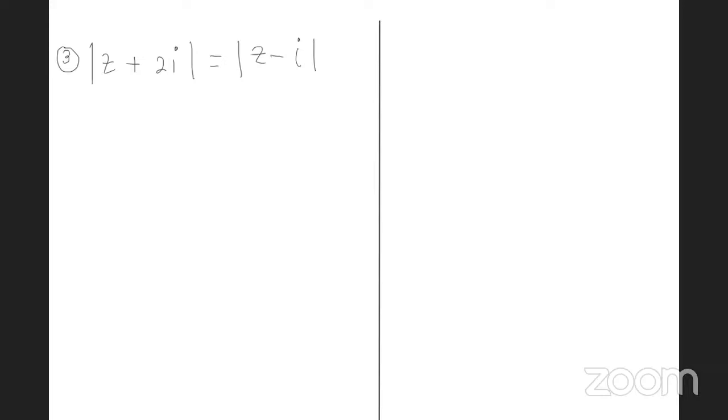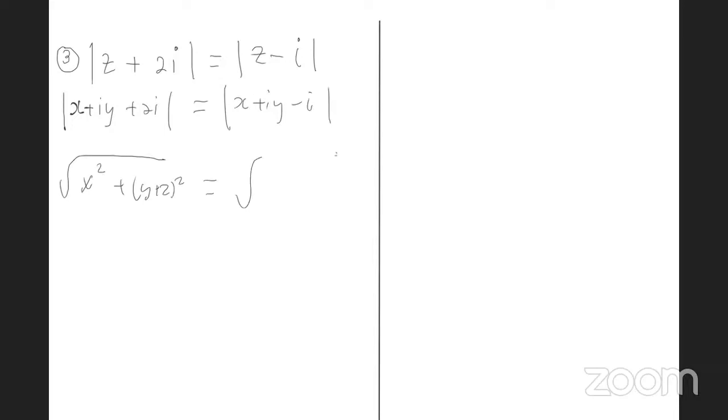Right, of course, you'll recognize here that it's only 0 and 2 you have there, right? For this part, there is no real part. Same thing here. So you're going to get the modulus of x plus iy plus 2i equal to the modulus of x plus iy minus i. So this will be the square root of x squared plus y plus 2 squared is the square root of x squared plus y minus 1 squared.